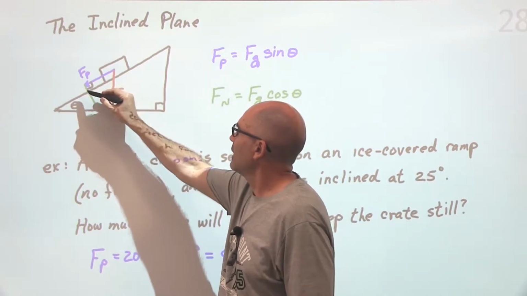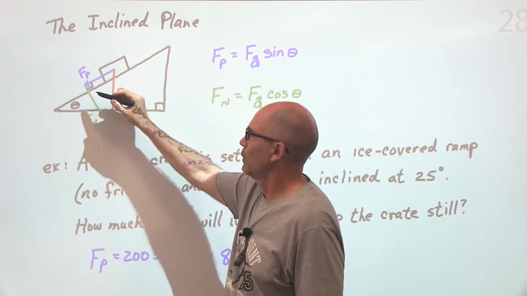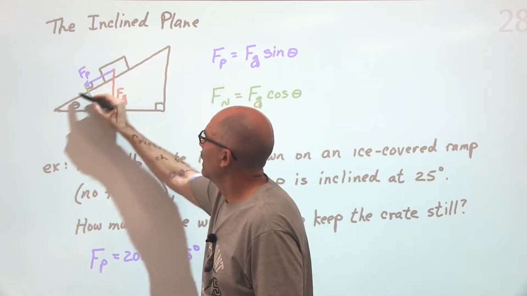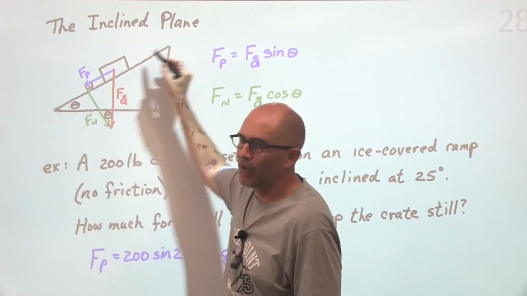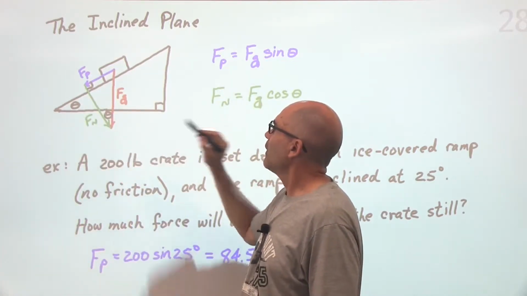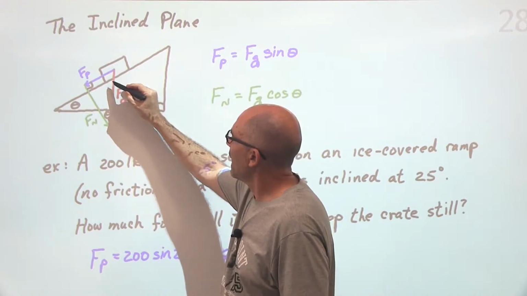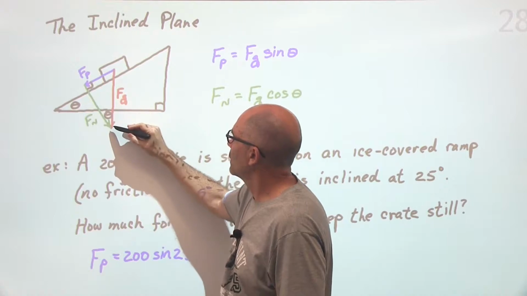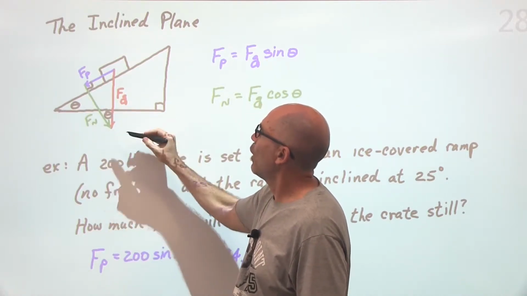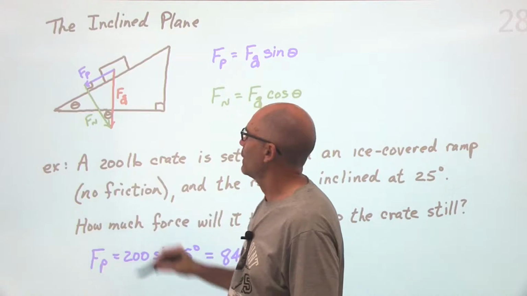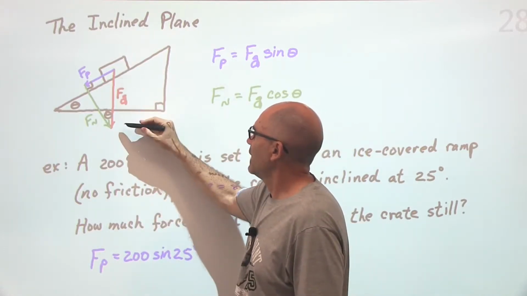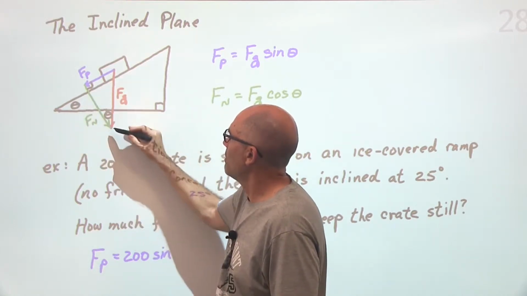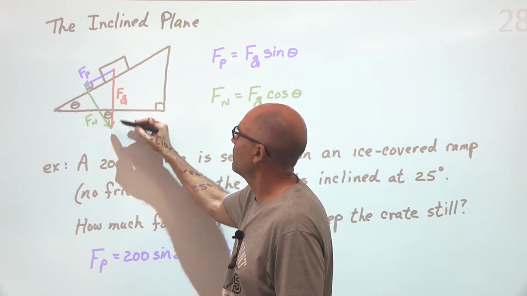If you were standing on this ramp with 0 friction, that box would exert a force on you because it's falling down the ramp. The other force is if there was a scale on the ramp and the box was exerting a force on the ramp itself, that's the green force. So 3 forces: gravity, which is what makes it go down the ramp, and also what makes it press onto the inclined plane.